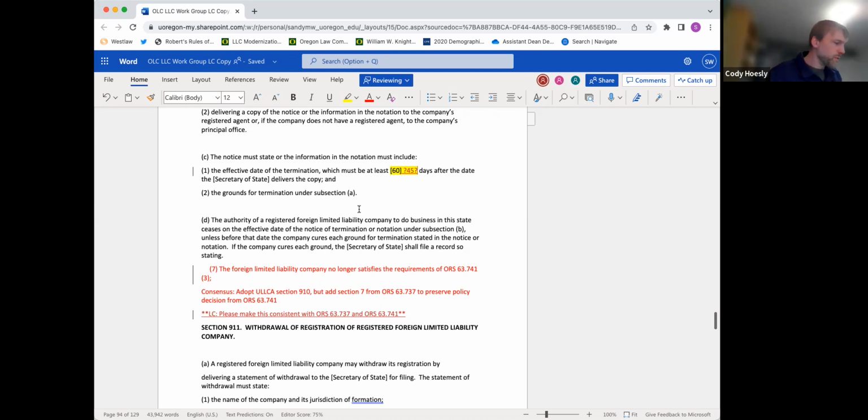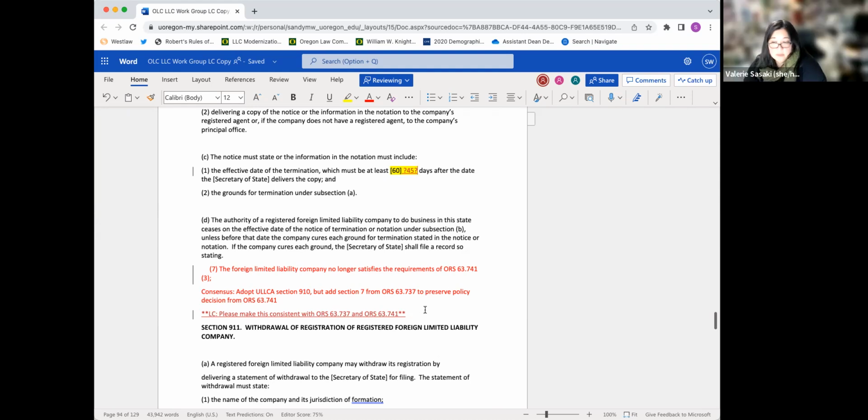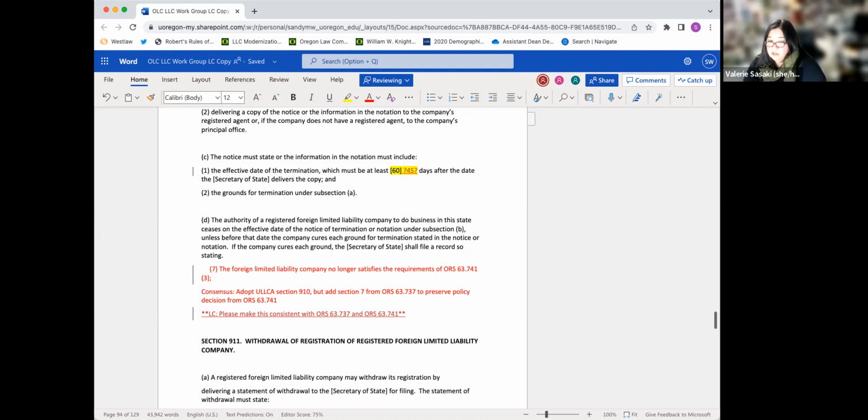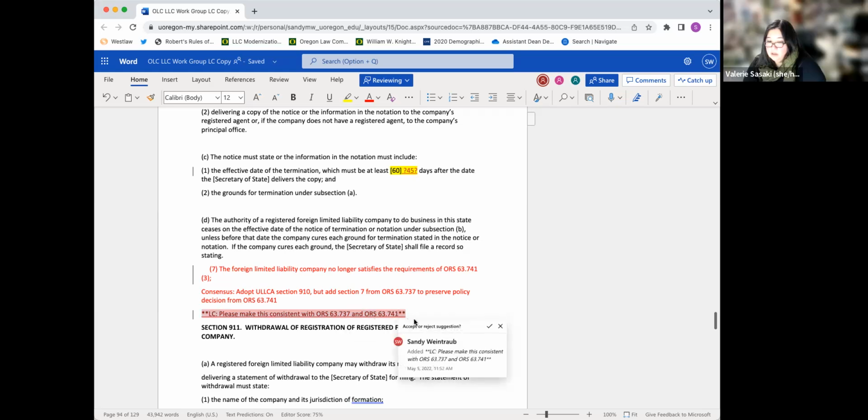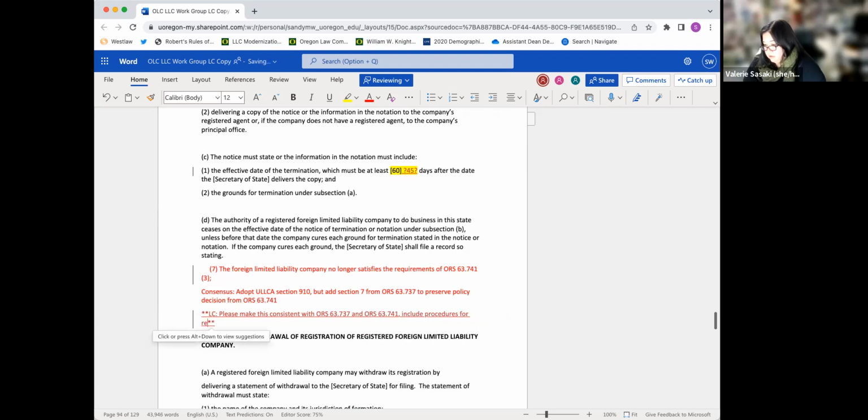My note indicated that people wanted to have similar provisions to 709 and 710 for a foreign LLC. I don't have that note, but that does make sense to me. Anybody have any concerns about that? So Sandy, that would be in the same one. It'd be a comma. Include procedures for reinstatement, etc. in current ORS, analogous to.